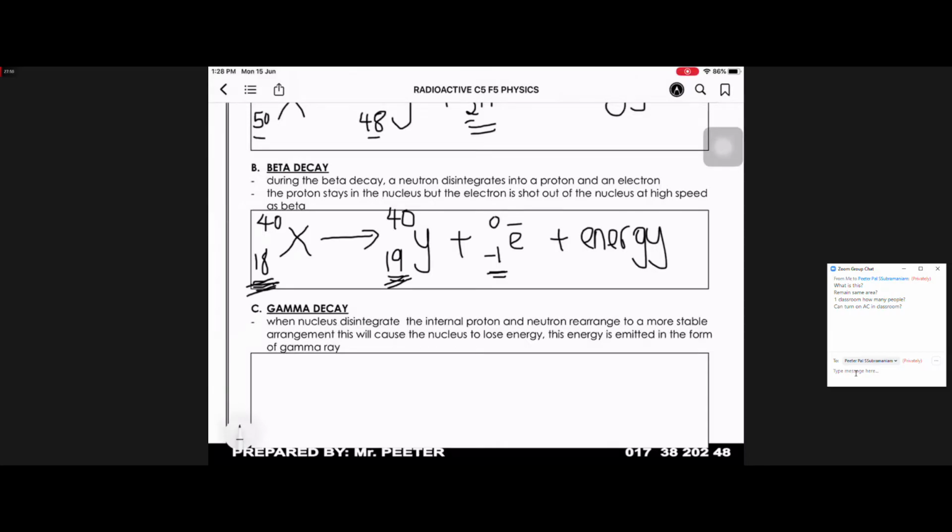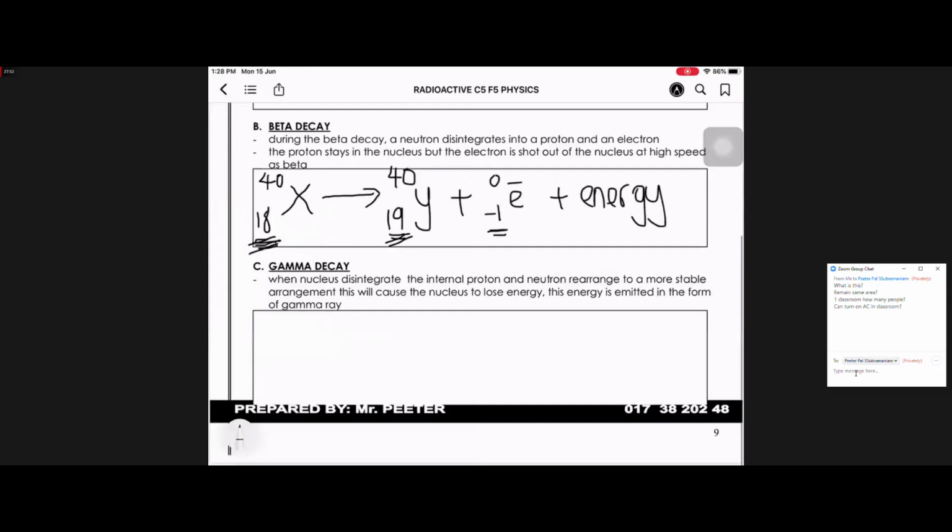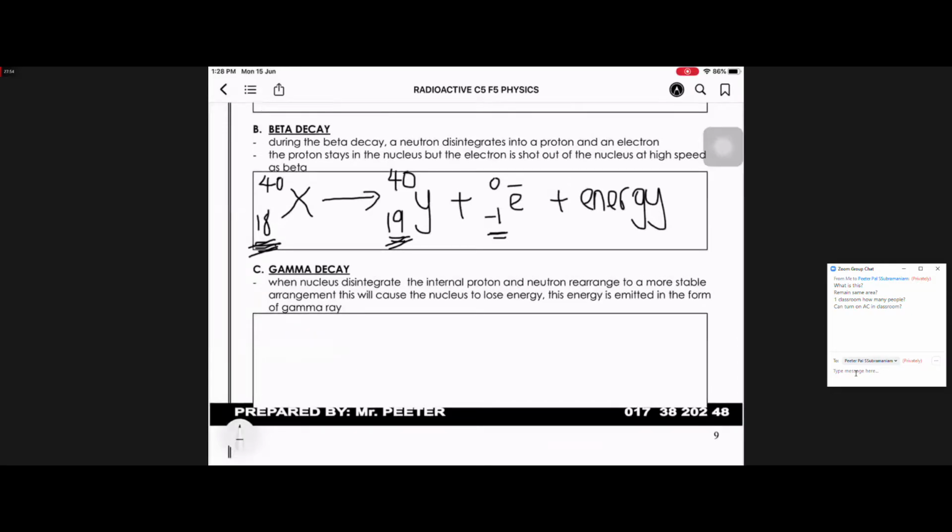Okay, next, gamma decay. You must understand that when a gamma decay occurs, this is the original element. Let's say it has a nucleon number of 200 and a proton number of 96. As it decays and only releases gamma ray, you will see that the element remains the same.